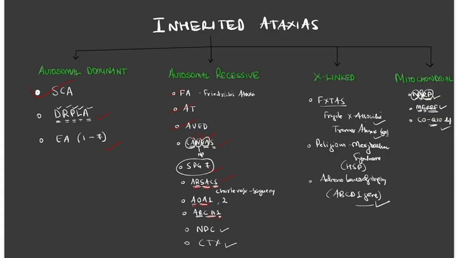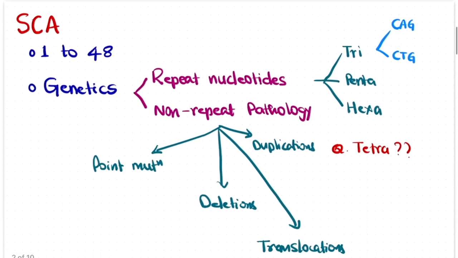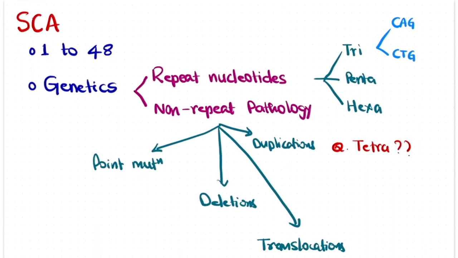In this video, I am going to focus mainly on the spinocerebellar ataxia, because a lot of questions are asked on this topic. Spinocerebellar ataxia has types 1 to 48. These numbers are given based on the order of discovery of the genes associated with the disease.